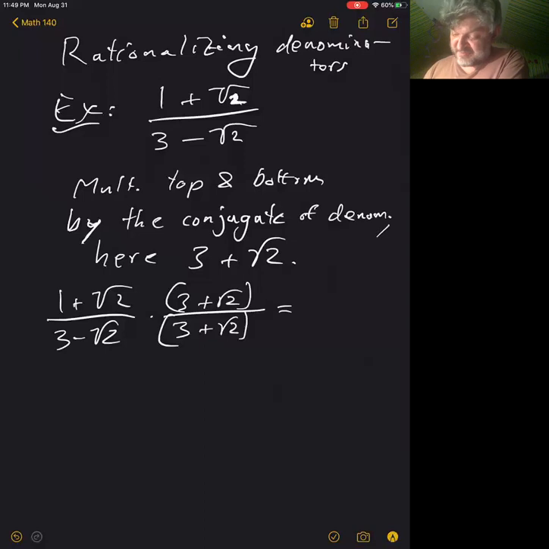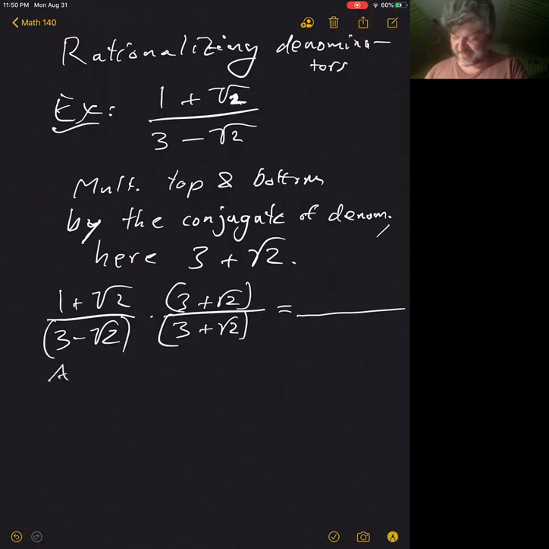When we multiply two fractions, we multiply the two numerators and we multiply the two denominators. Especially focus on the denominator. We see the pattern that we just had, a minus b times a plus b, except it's from right to left.